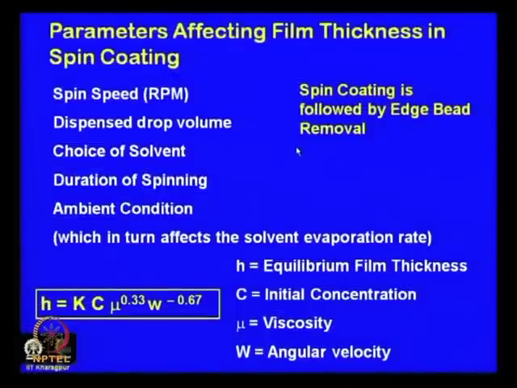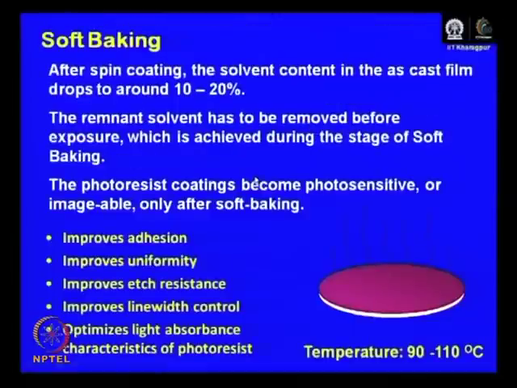This is a minor step right after spin coating, before the soft baking step of photoresist processing is started, and it is known as the edge bead removal stage.